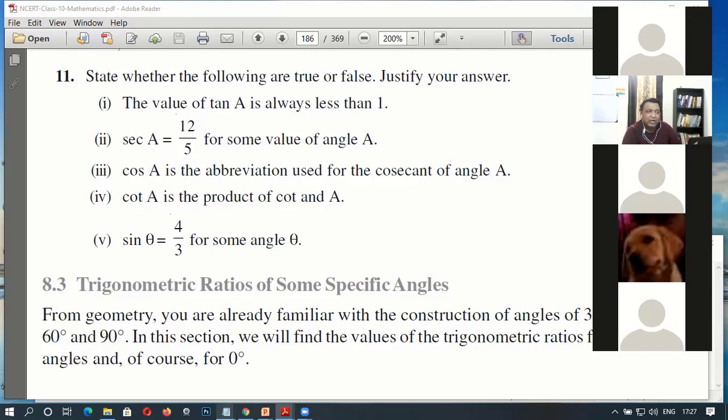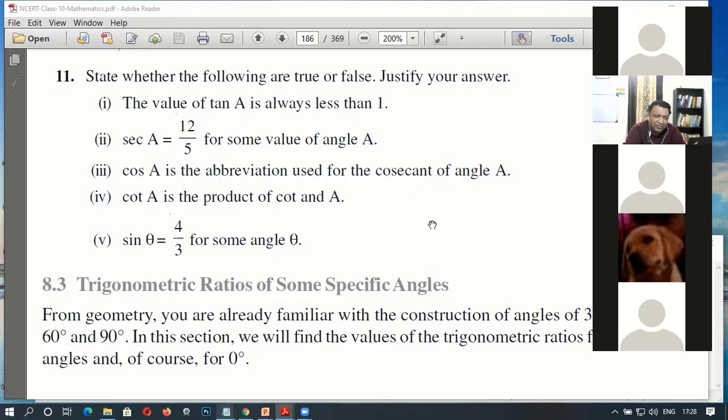Question number 4. Cot A is the product of cot and A. Jaivid, what do you say? Tanishka, what do you say?